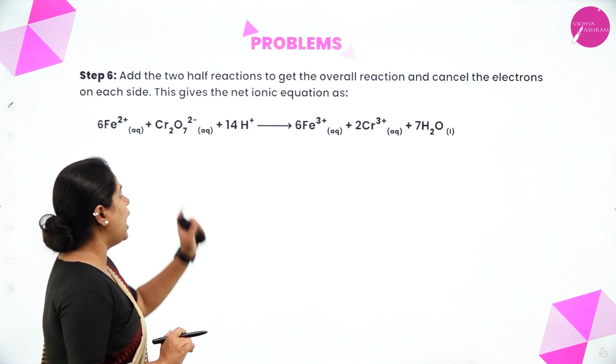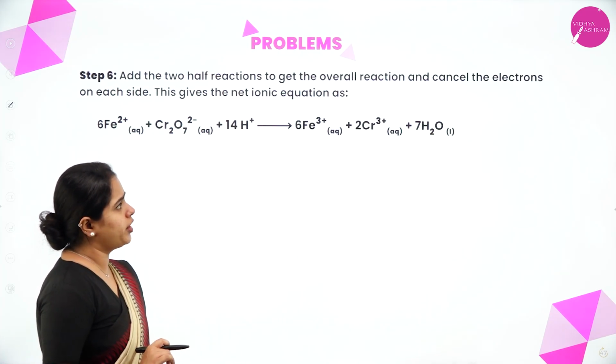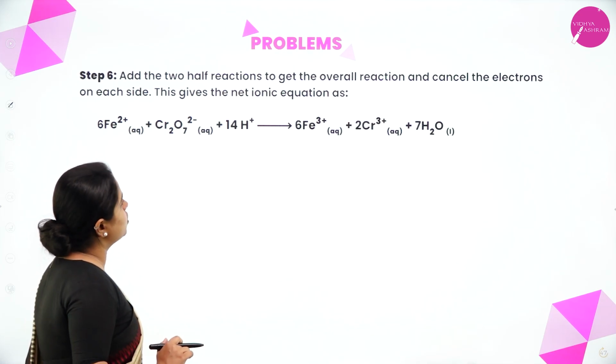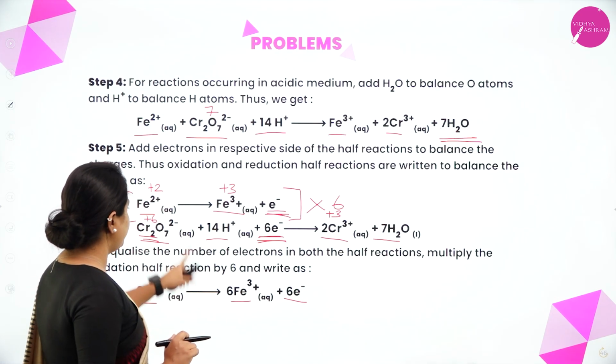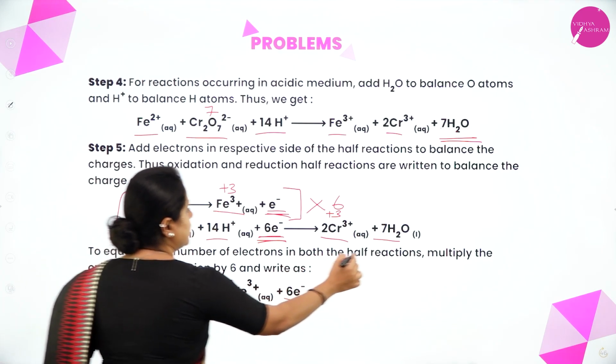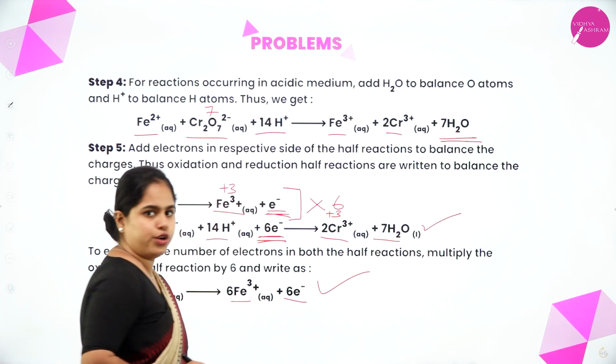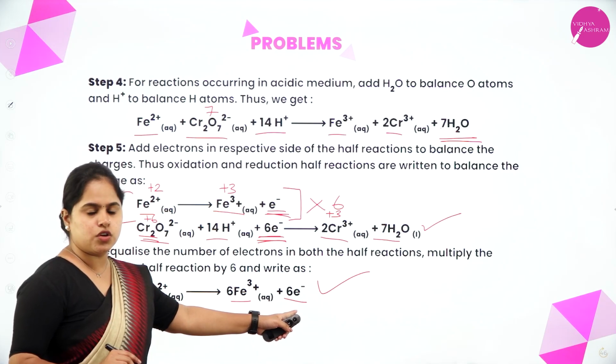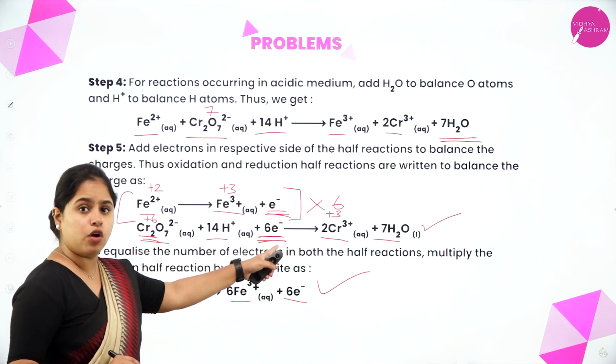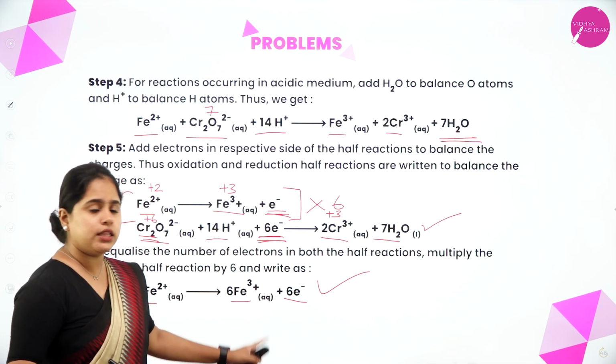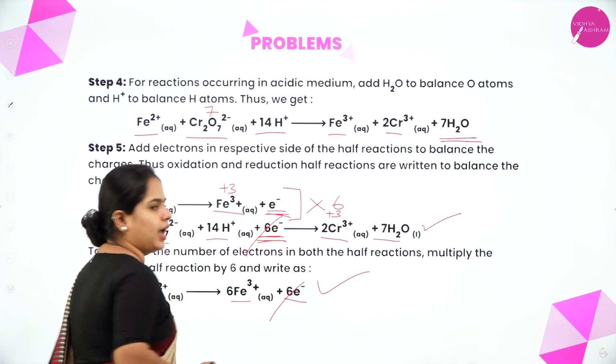Now add the 2 half reactions to get the overall reaction and cancel the electrons on each side. If we add these 2 reactions, you can see 6 electrons on the product side here and 6 electrons on the reactant side here, so these will get cancelled.